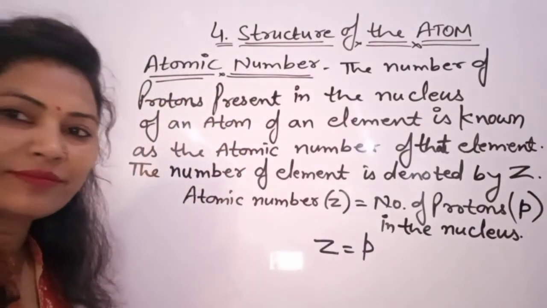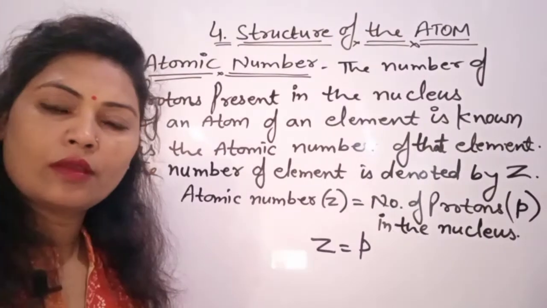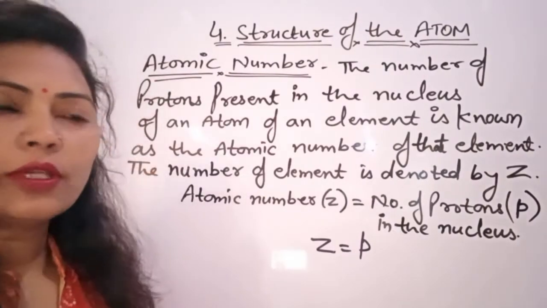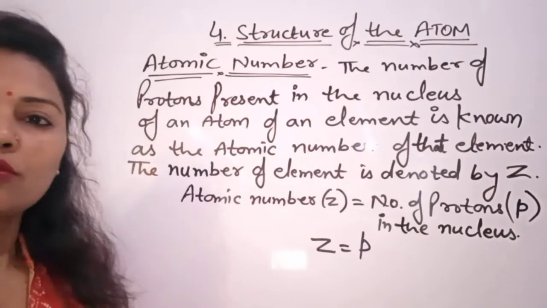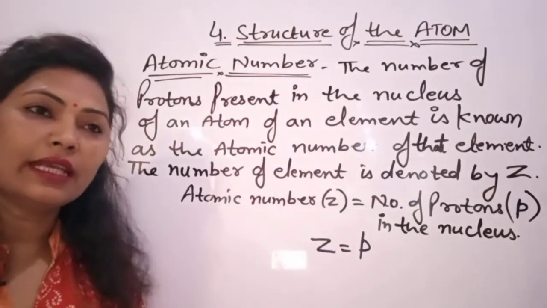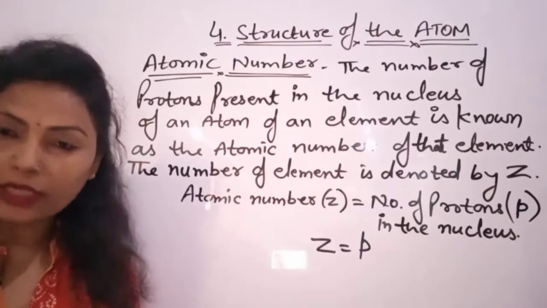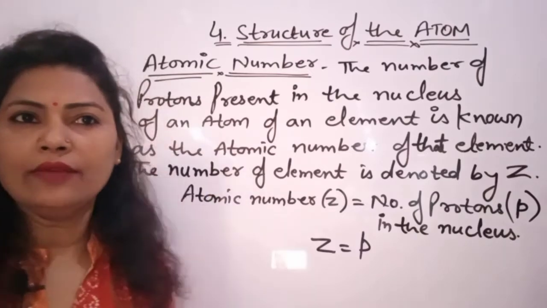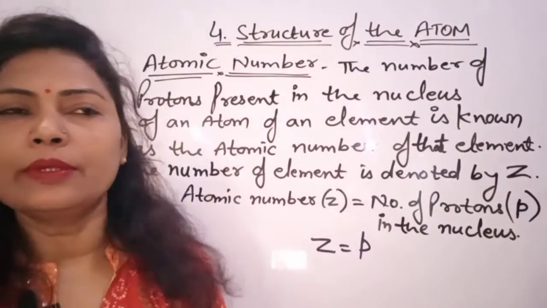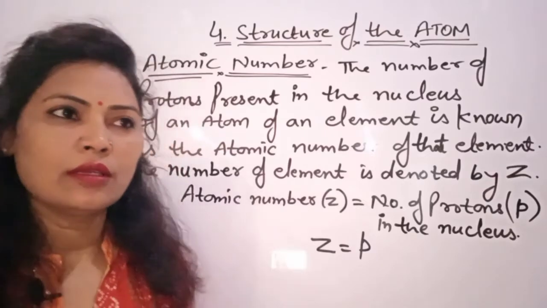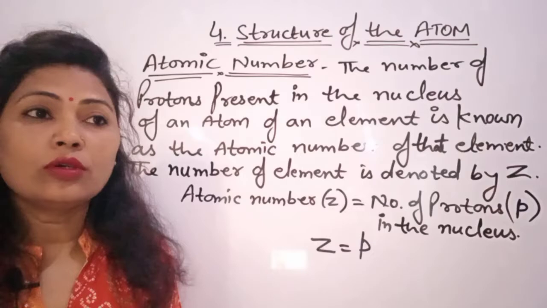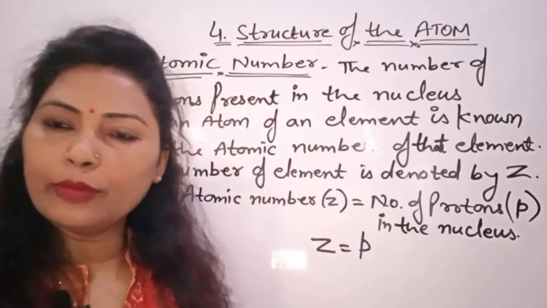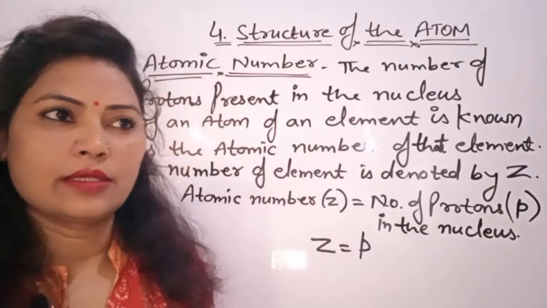For example, sodium has 11 protons. Sodium nucleus contains 11 protons, so the atomic number of sodium is 11. Similarly, carbon has 6 protons, so the atomic number of carbon is 6.